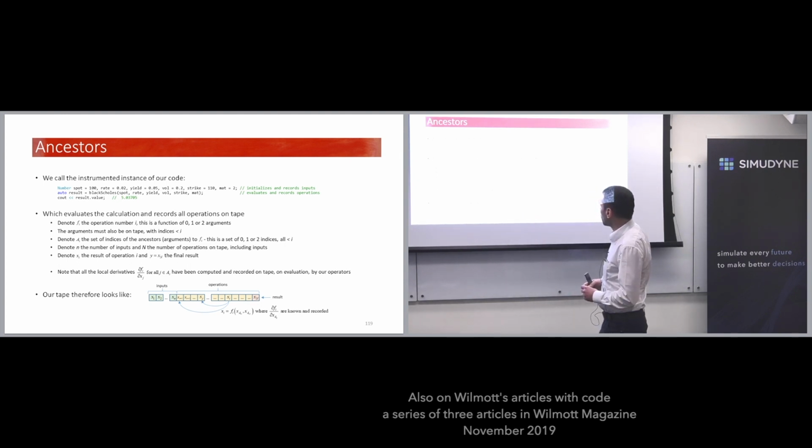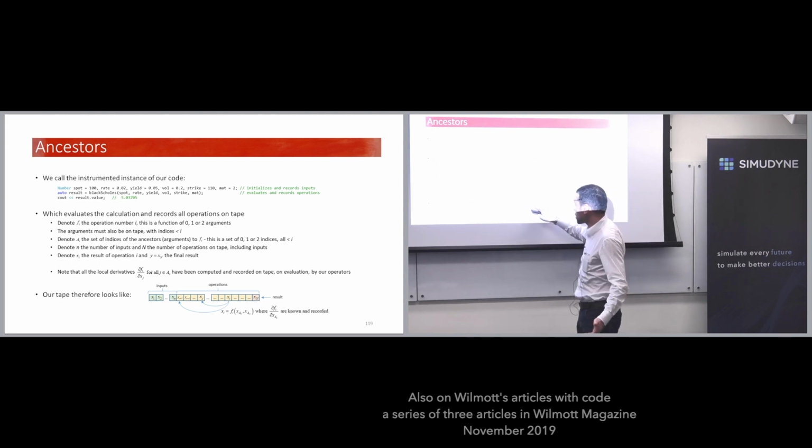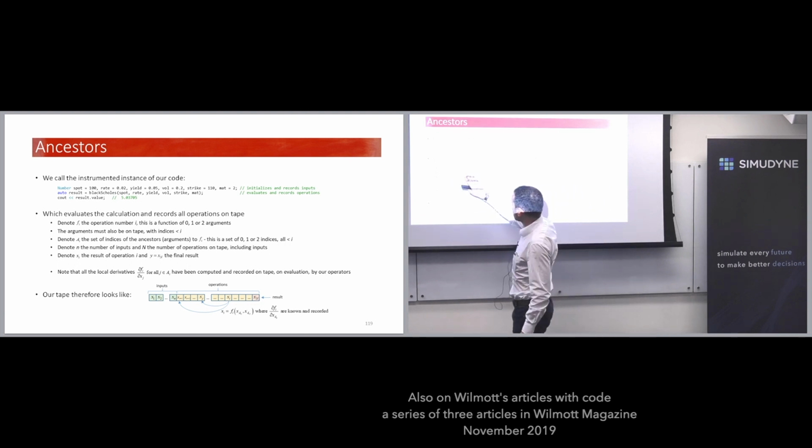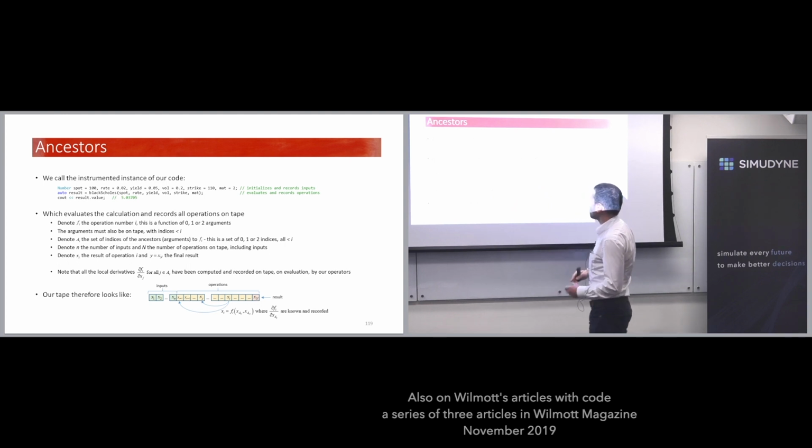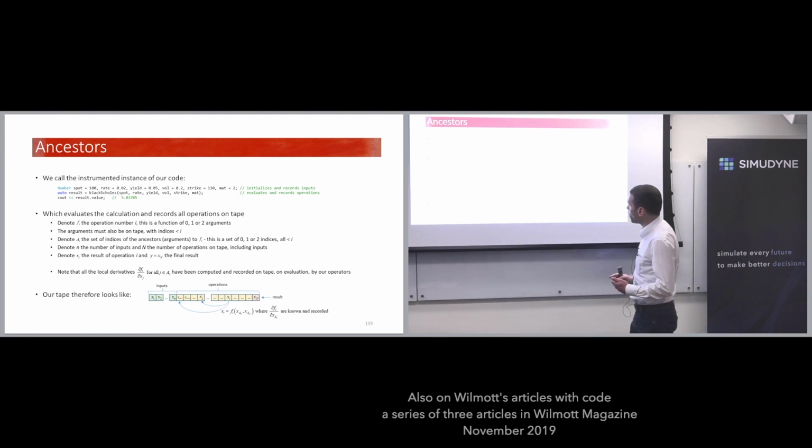So these 0, 1, or 2 arguments to Fi, with indices strictly lower than i on tape, we call them the ancestors. And we call Ai the set of the indices of the arguments to Fi. And that will be a set of 0, 1, or 2 indices, all strictly less than i.